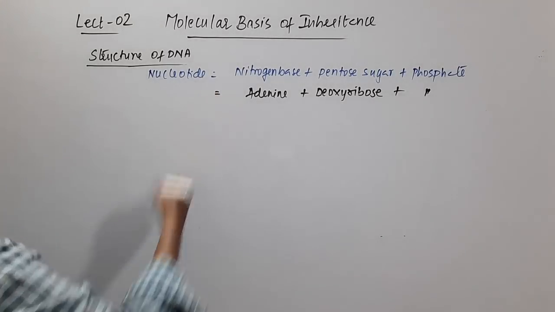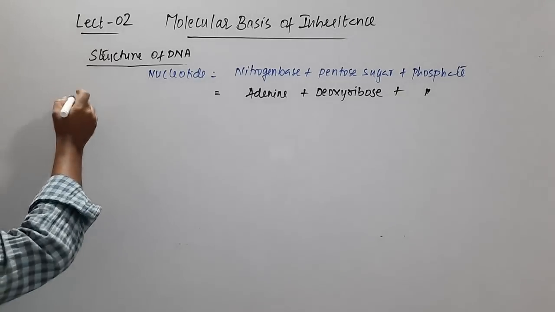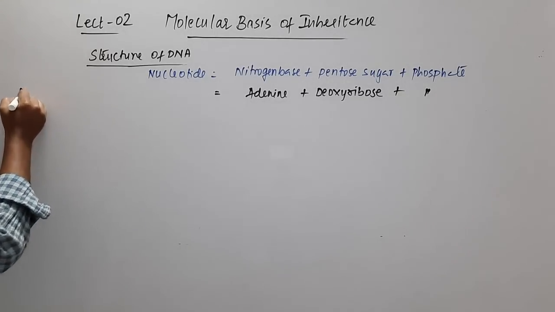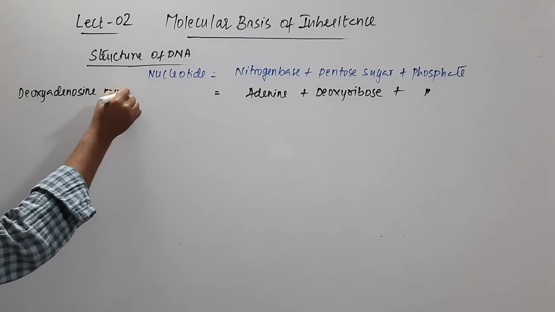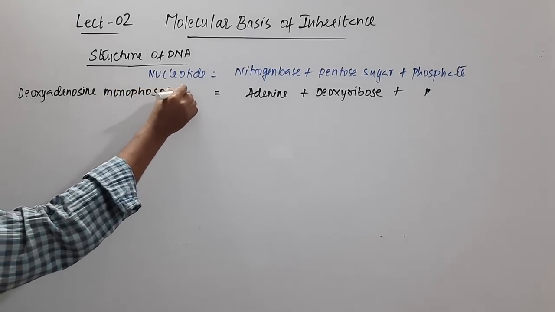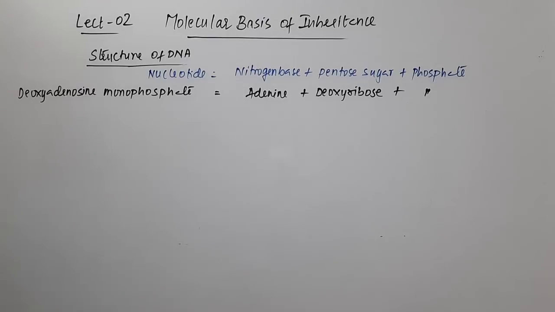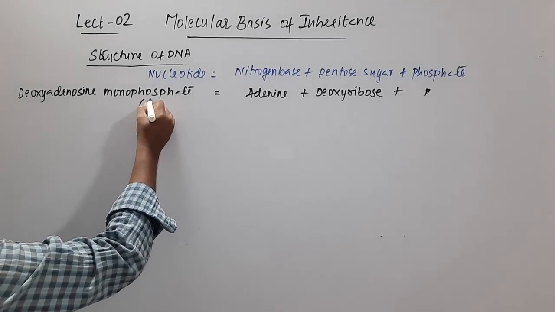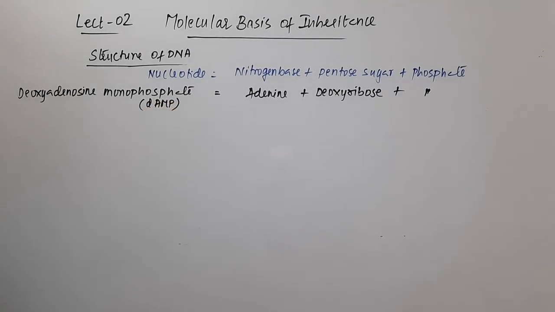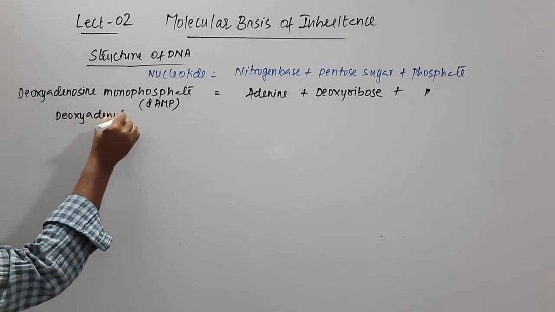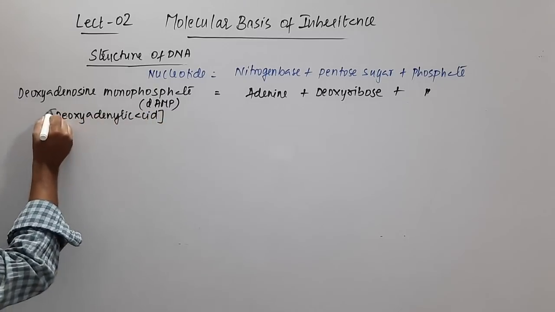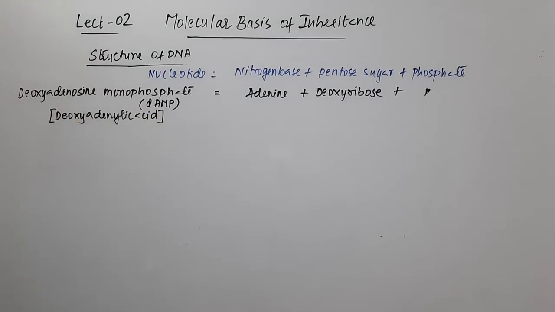Now this results in the formation of a nucleotide called deoxyadenosine monophosphate. In short it is called DAMP, and in other words I'll call it deoxyadenylic acid.